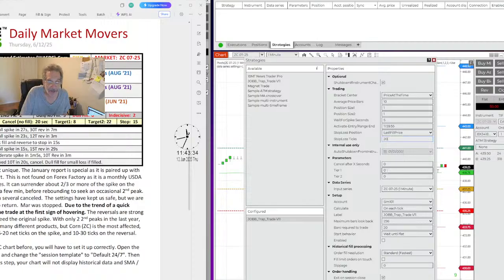If we get triggered, if we get filled, I'm going to use 18 and 32 on my tiers.